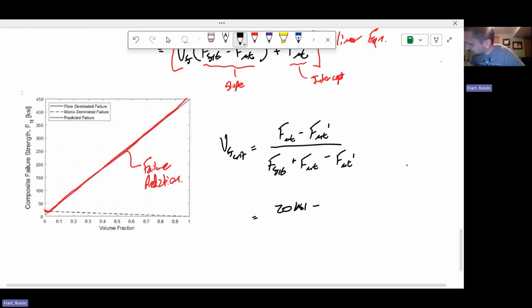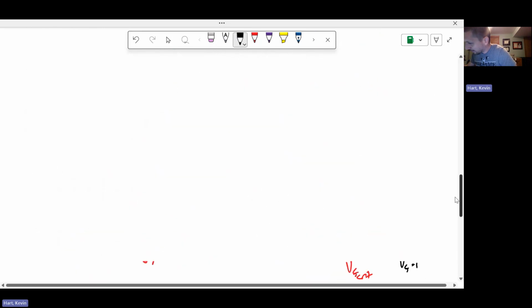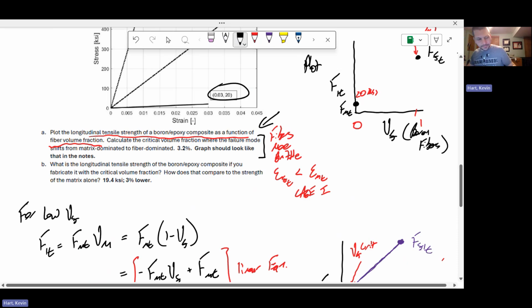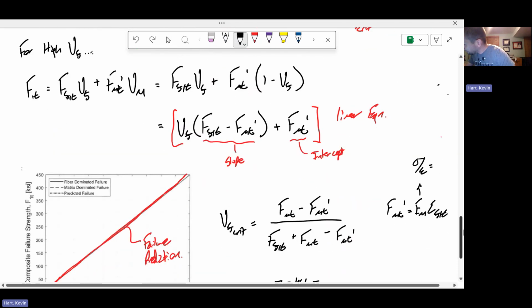Minus FMT prime. So let's calculate FMT prime. Remember, FMT prime is EM times EF1T. The elastic modulus of the matrix, this is stress divided by strain, so of the matrix, this is 20 over 0.03. Oh, I don't have my calculator with me. 20 over 0.03.